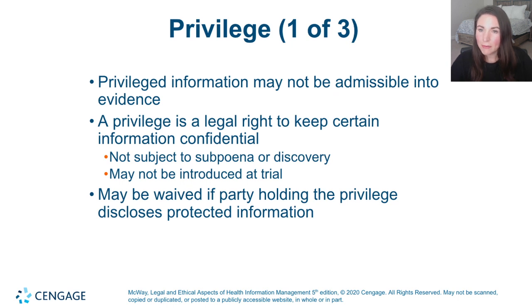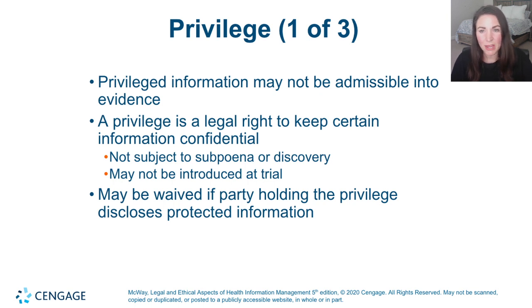So on top of overcoming the hearsay rule, if one side wants to use the health record, they have to also overcome the privilege doctrine. So privilege, that's the legal right to keep certain information confidential and protect it from subpoena or discovery or being used in trial.